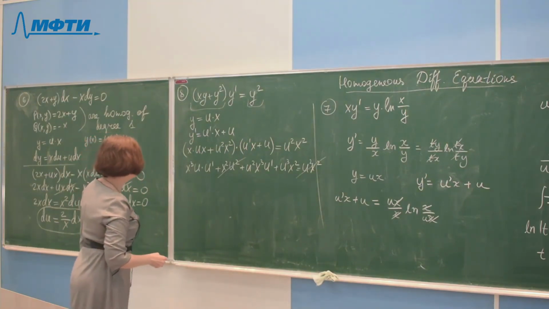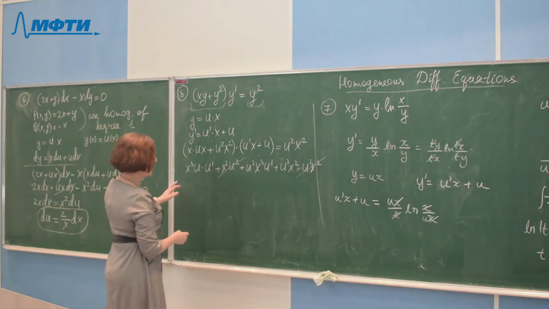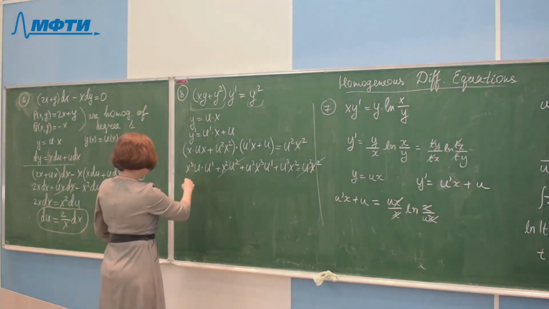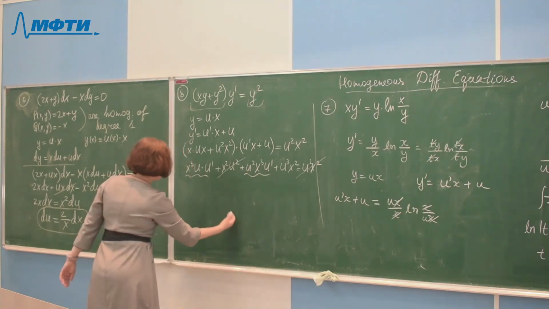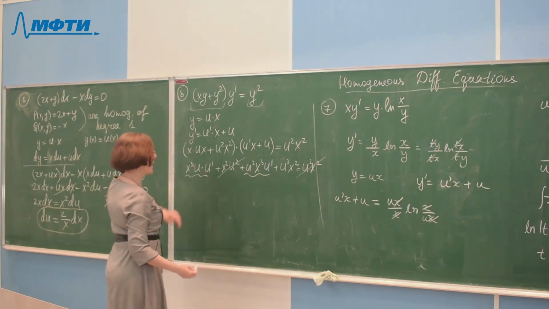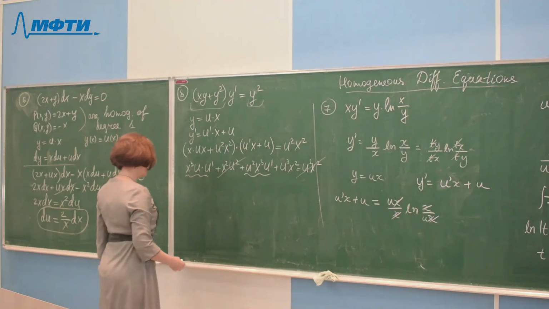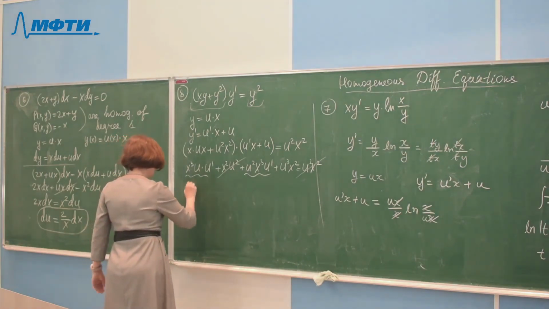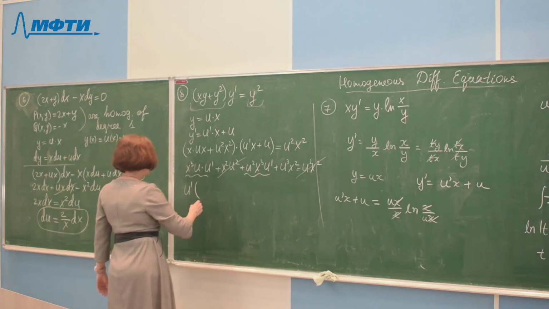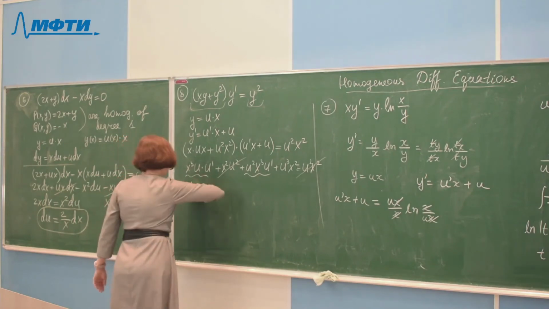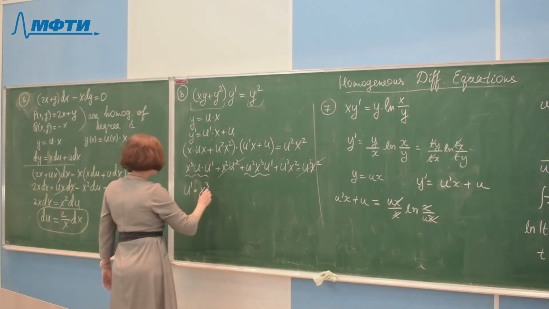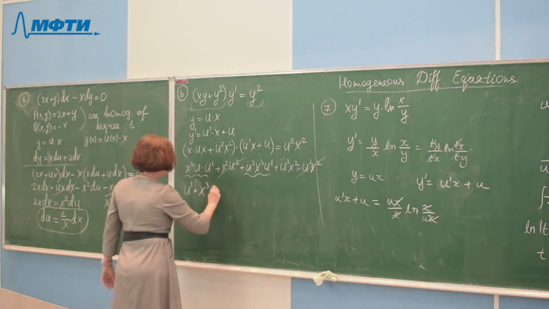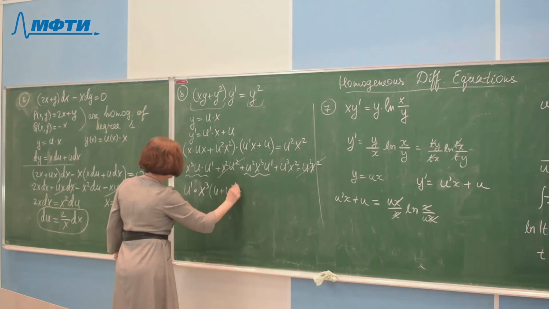What do we have next? So u prime is a common factor, and we will factor it out. So u prime is multiplied by x cubed times u plus u squared.